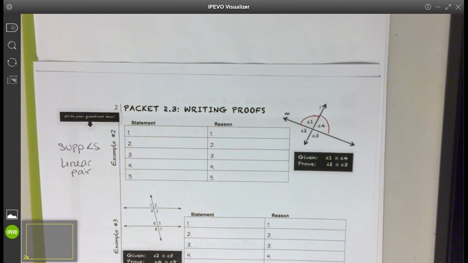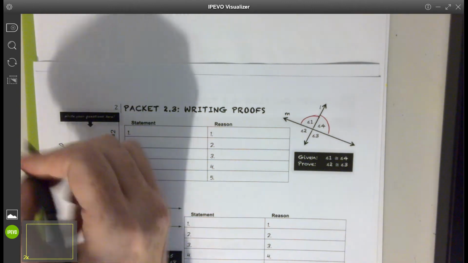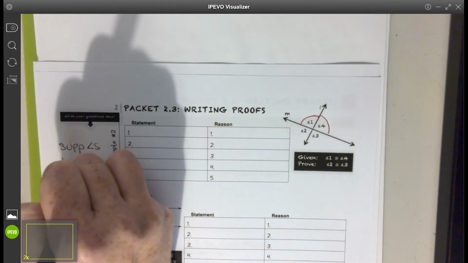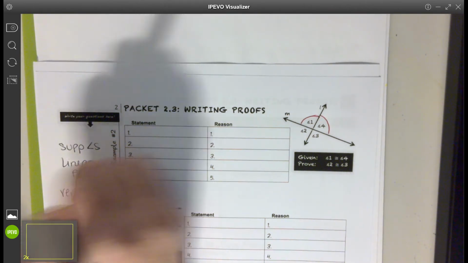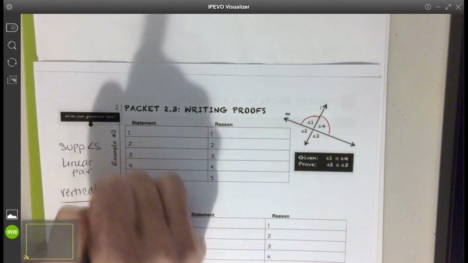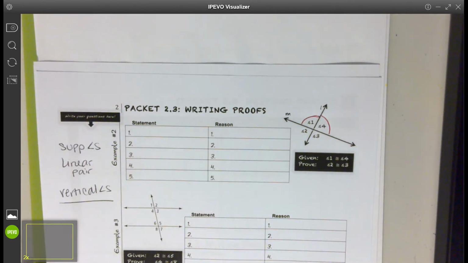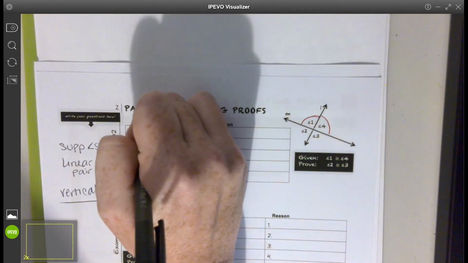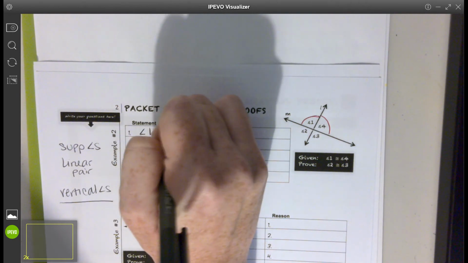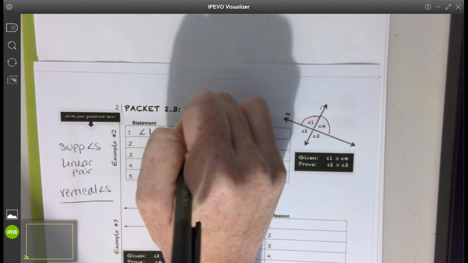And last but not least, we also have vertical angles. So that's the key information in this diagram, and that's going to help me get to my solution. So we're going to start off with writing our given. So I have angle 1 is congruent to angle 4.